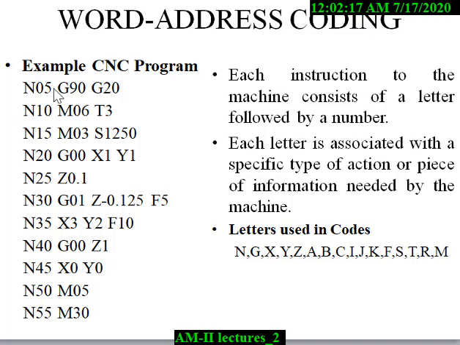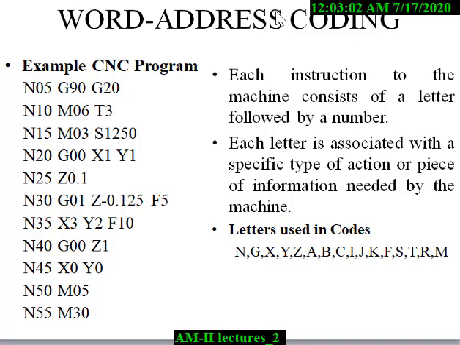The advantage of this intermittent sequence numbering is that if you want to edit the program and insert some lines between N10 and N15, then with continuous sequence numbers like N10, N11, N12, you would have to change the whole sequence numbering of the other lines of code also.